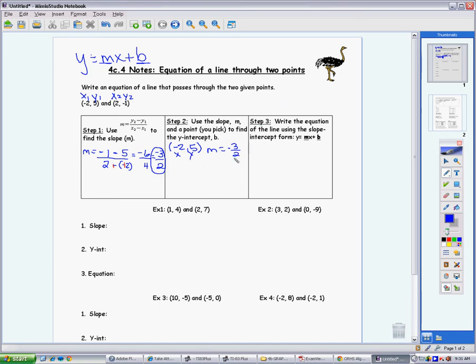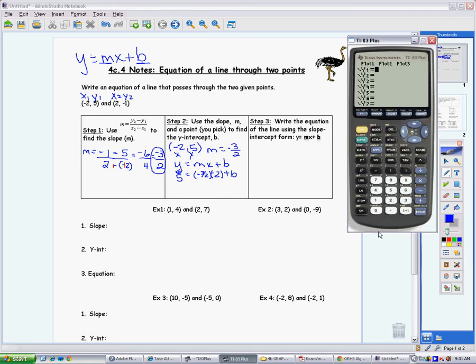We have lots of practice doing this part, so we're going to do the y equals mx plus b. My y, I've labeled 5. My m is -3 over 2 times -2 plus b. Okay, we do have to multiply those out, and if you'll remember, I've asked you to use your calculator.